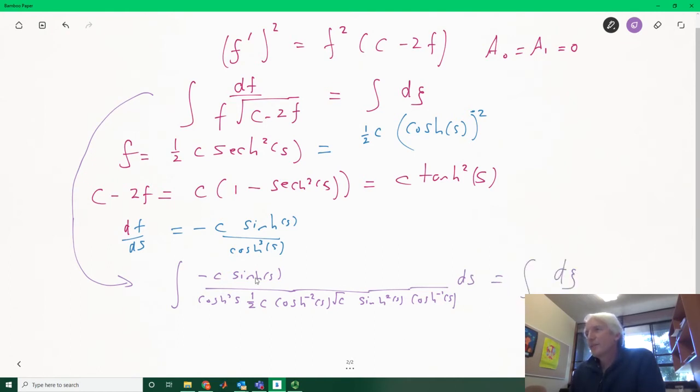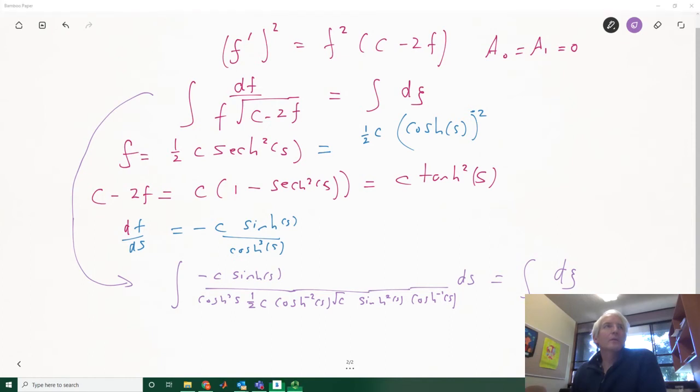And have a look at this. We get cosh to the minus 3, minus 2, minus 1, they all disappear. I'm just trying to find my error. This thing here is the tan squared, but it's not tan squared, it's the square root of that, right? So that should be to the power of minus 1, just 1 there.